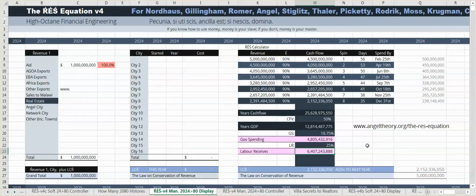How we arrive at these figures goes straight to the core of the RES equation: revenue times efficiency times spin, as is told in significant detail in Chapter 4, the RES equation. To summarise, let's move to 2025 and start with the grand total of all revenue seen at C51.